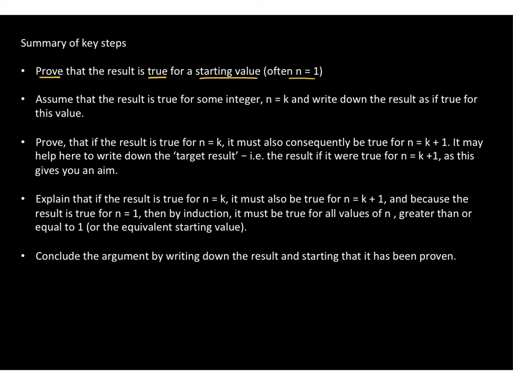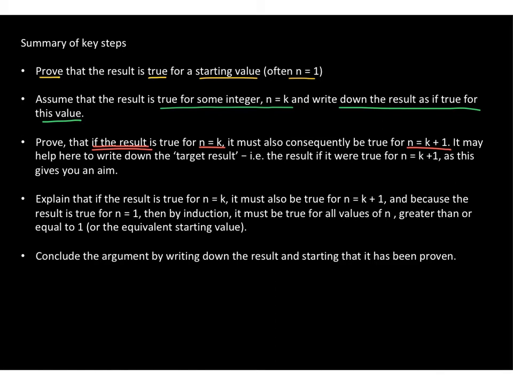Assume that the result is true for some integer k, and then write down the result as if it is true for this value. Now, you then need to prove that if the result is true for n equals k, it must also consequently be true for n equals k plus 1.